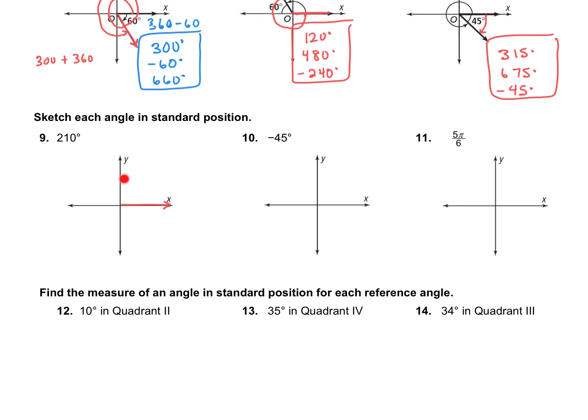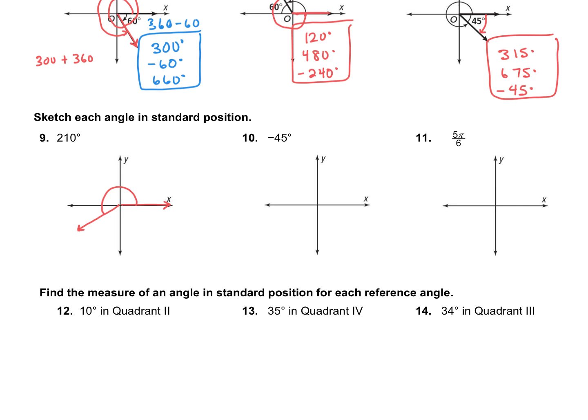So this will get us to 90, this will get us to 180, and 180 to 210 is another 30 degrees, so about a third of the way into the third quadrant. So here's 90, 180, I'd say right about there is where 210 degrees is.